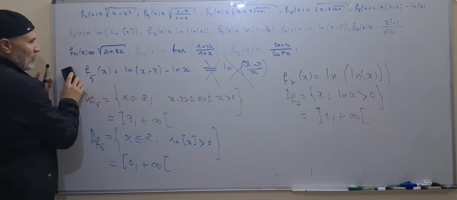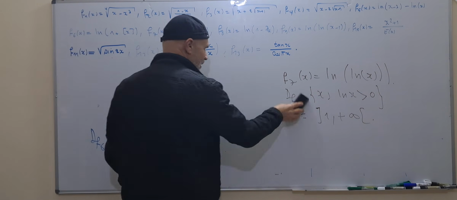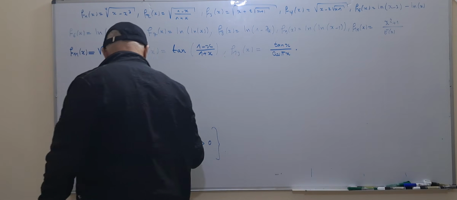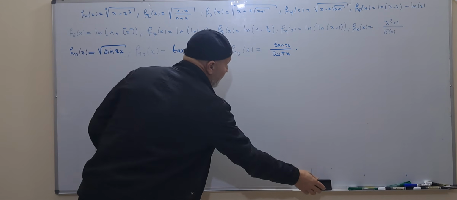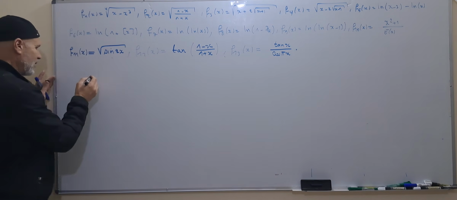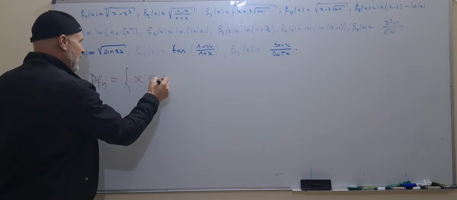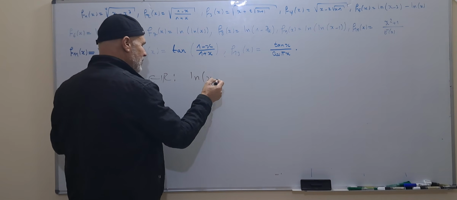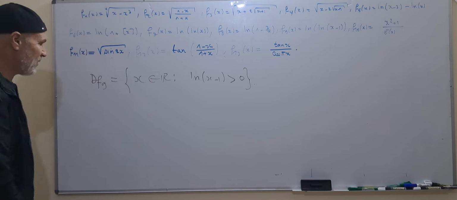F9, for example, or actually it is easy. You have just to be careful to define the good value of ln x. F9, this is x from R such that ln x minus 1 is greater than 0 to be well defined.